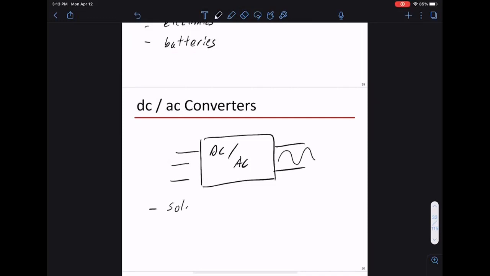Solar and batteries all give you DC. DC generators are rare. Mostly it's renewable devices or batteries that give DC. So we can think of solar, batteries, or backup power supplies, UPS, where you need DC to AC.